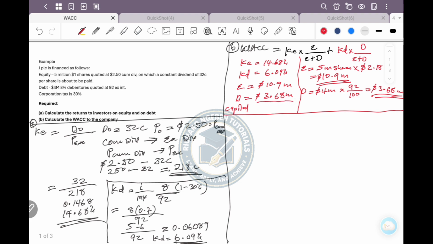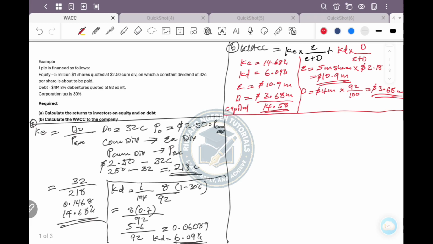Capital is both debt and equity. Total of your capital, when you combine these two, debt plus what? Equity. Debt plus equity, or equity plus debt, to give you 14.58. Okay, this is what you need.